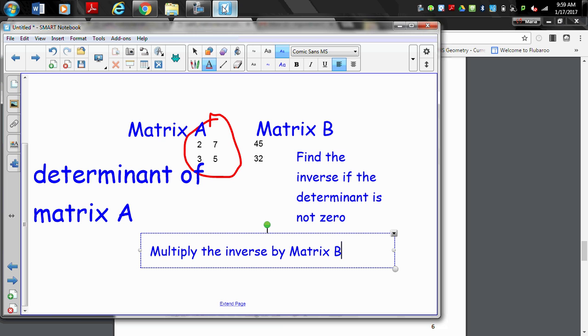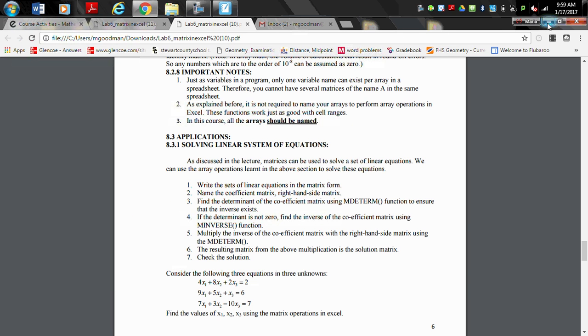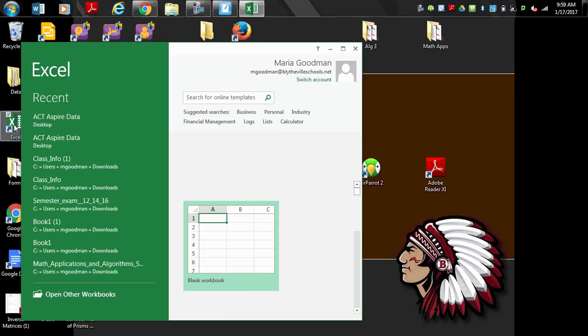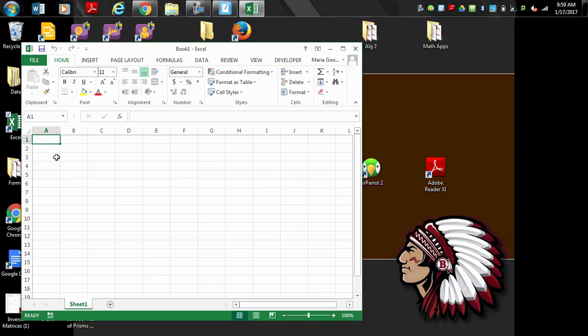So now let's look at Excel. We have a system of equations.